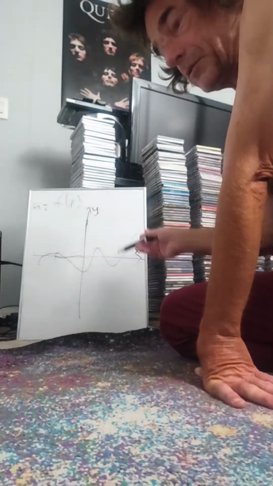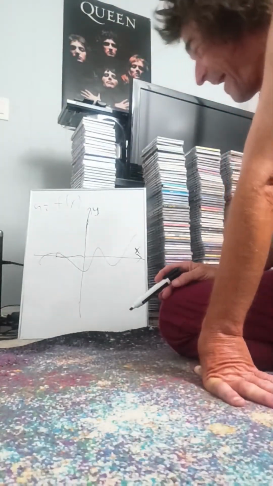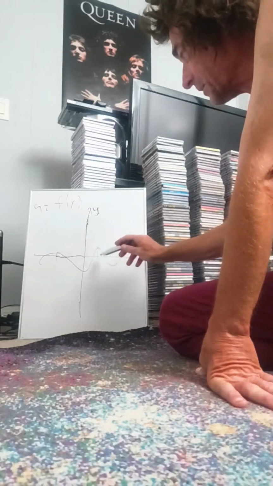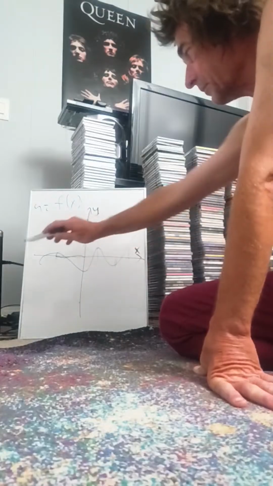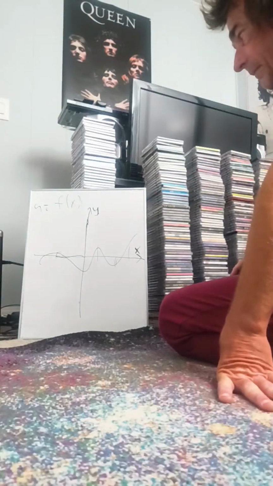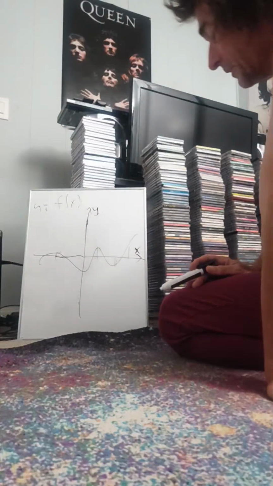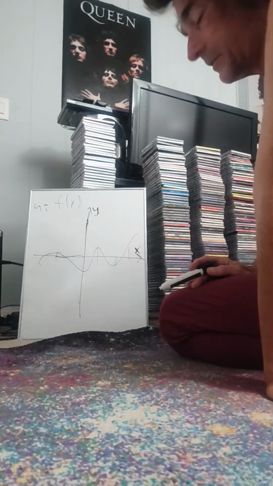This is the domain and there's the range. The domain is the x and the range is the y, I think. It's one or the other. So when I say domain, I mean this way. So each value of x has a single value of y in the domain of the function. I think the x is the domain and the y is the range. I didn't look that up, but I think so. So it's called the vertical line test.